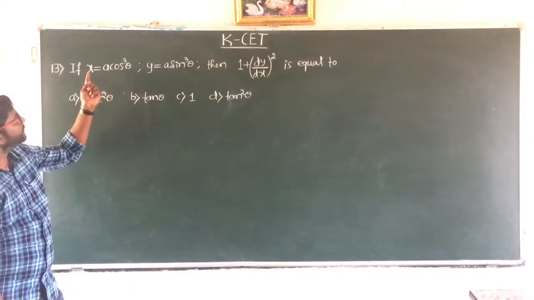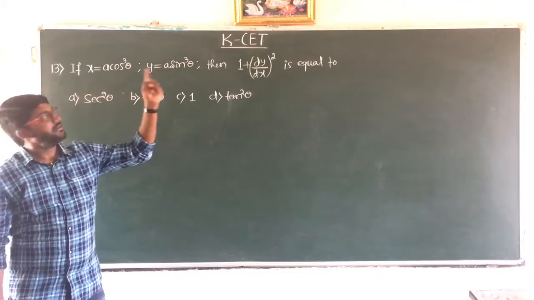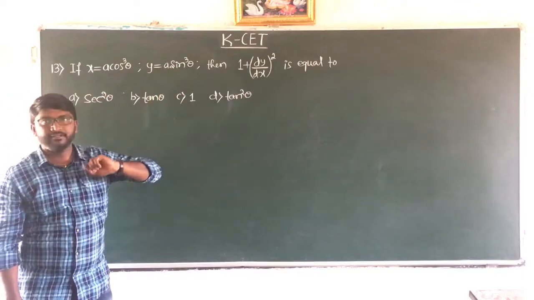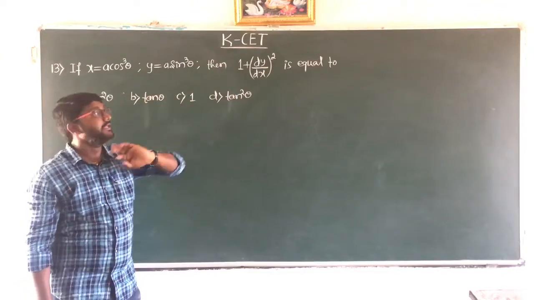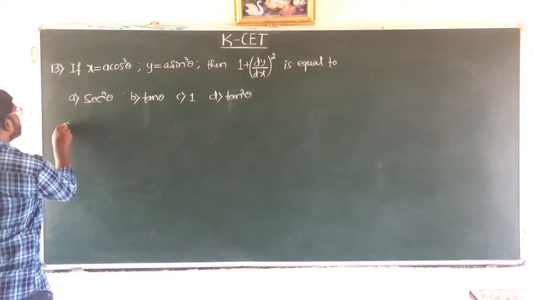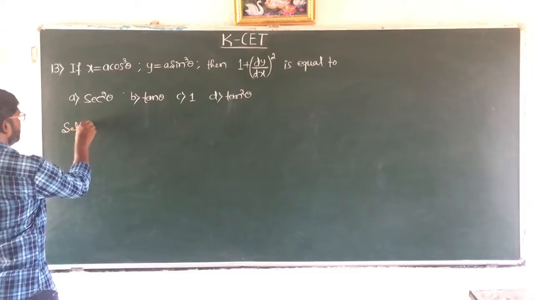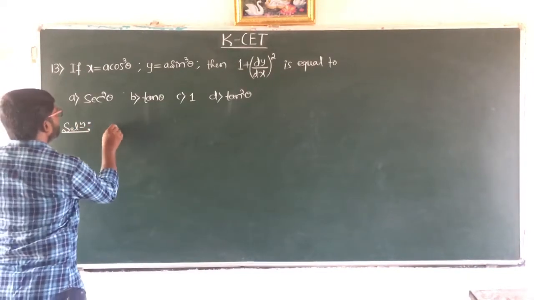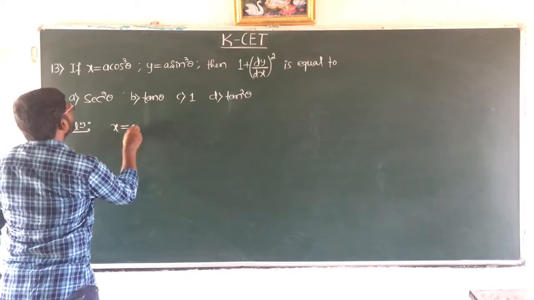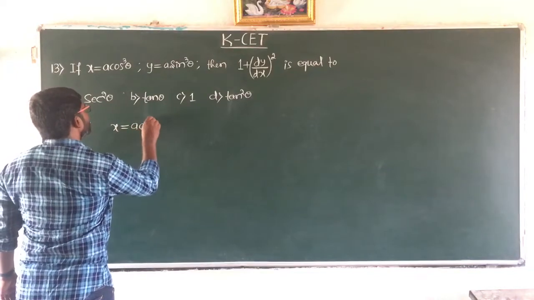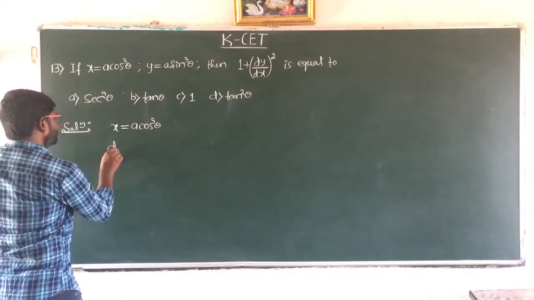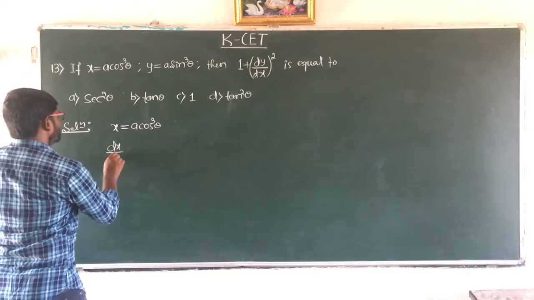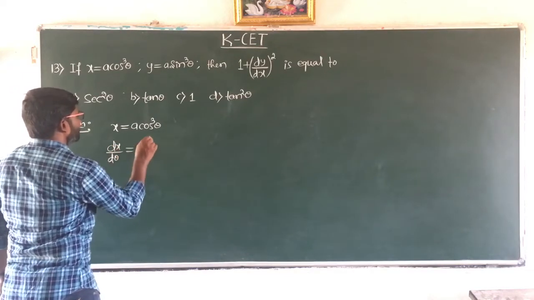If x equal to a cos cube theta, y which is equal to a sin cube theta, then 1 plus dy by dx the whole square is equal to. So this is a parametric equation. So consider x now. X which is equal to a cos cube theta, then dx by d theta which is equal to a, a constant, write it as it is.